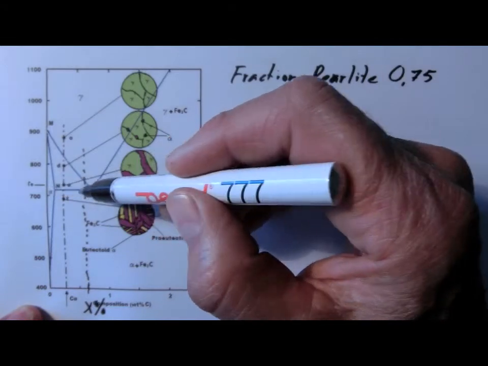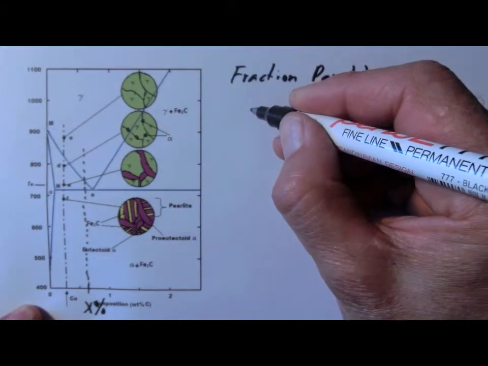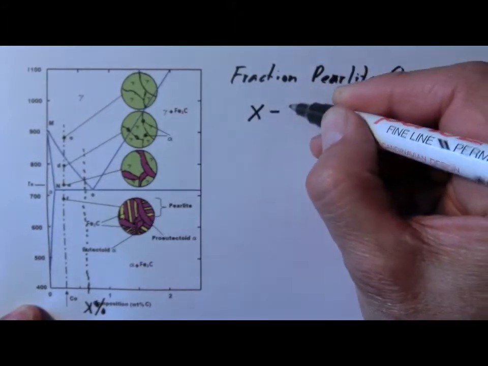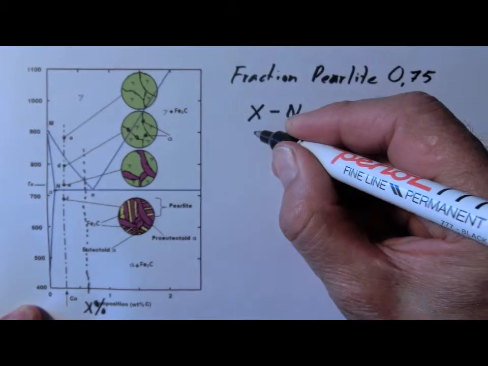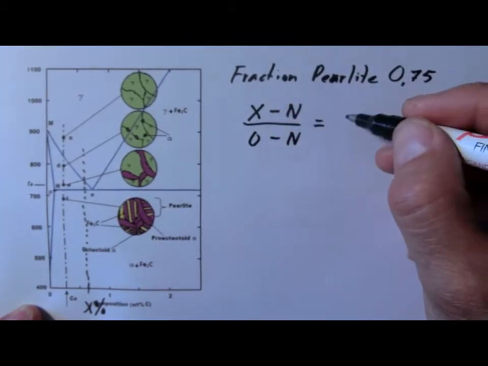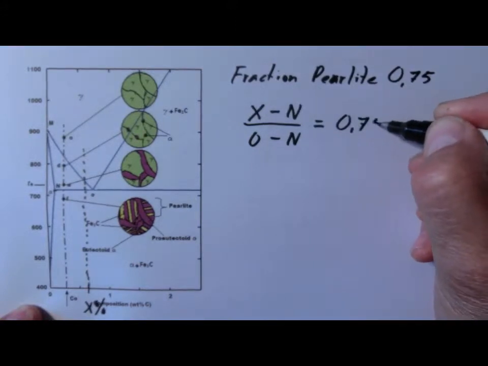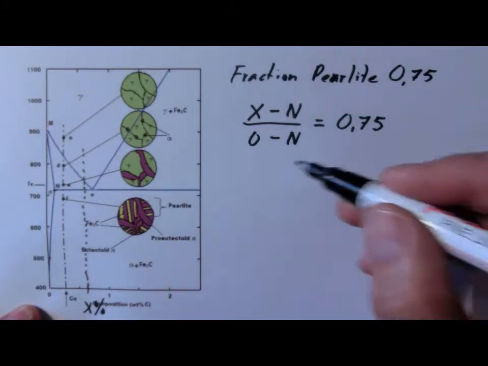So what is this? Well, the distance there is x minus n, and the whole distance is again O minus n. And this we now know is 0.75 fraction perlite. So now we just resolve this and put in numerical values, and the x we don't know.